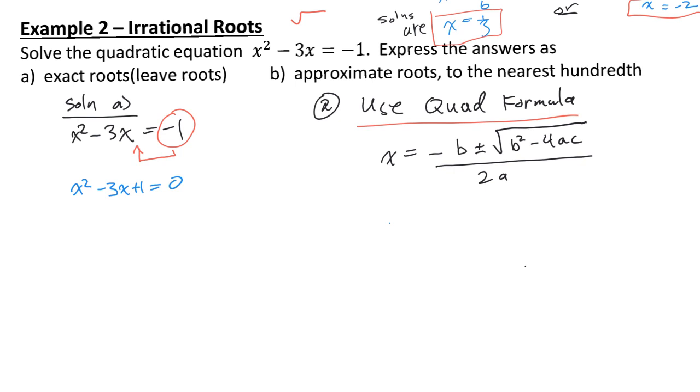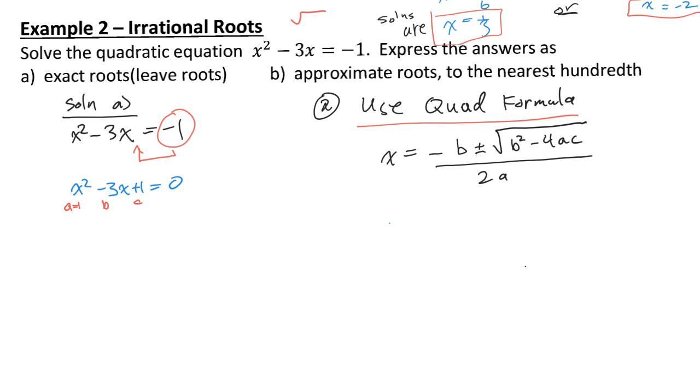Now, here is what we know based on our original equation, x squared minus 3x plus 1 equals 0. This is where our a is, this is our b, and this is our c. a, for x squared, is equal to 1. b is equal to negative 3. And c is equal to positive 1.